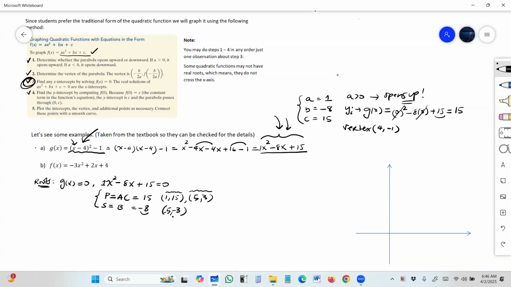And sure enough, when I multiply them, I get the positive 15. Once I found the pair, which is -5 and -3, I then rewrite the middle term. So instead of writing minus 8x, I'm going to write minus 5x minus 3x plus 15 equals 0.